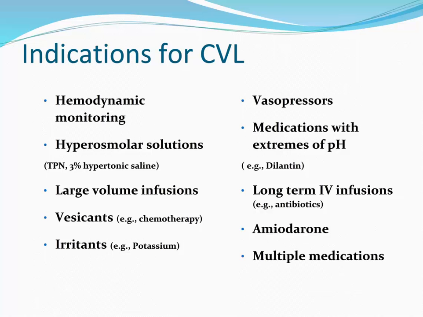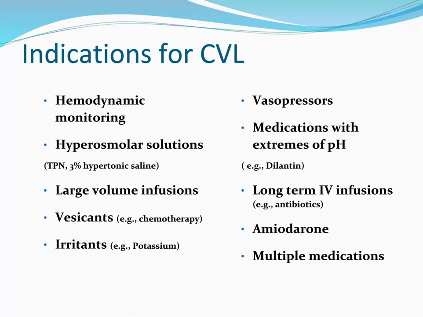Other indications for a CVL catheter include hyperosmolar solutions like TPN and 3% hypertonic saline, large volume infusions, vesicants like chemotherapy, vasopressors, irritants like potassium chloride, medications with extremes of pH, such as Dilantin, need for long-term IV access, including antibiotic therapy, and amiodarone.